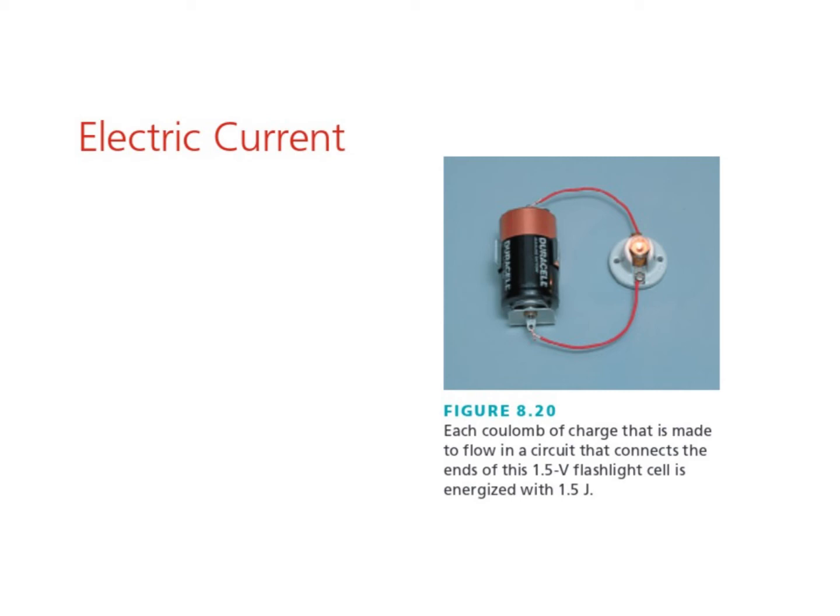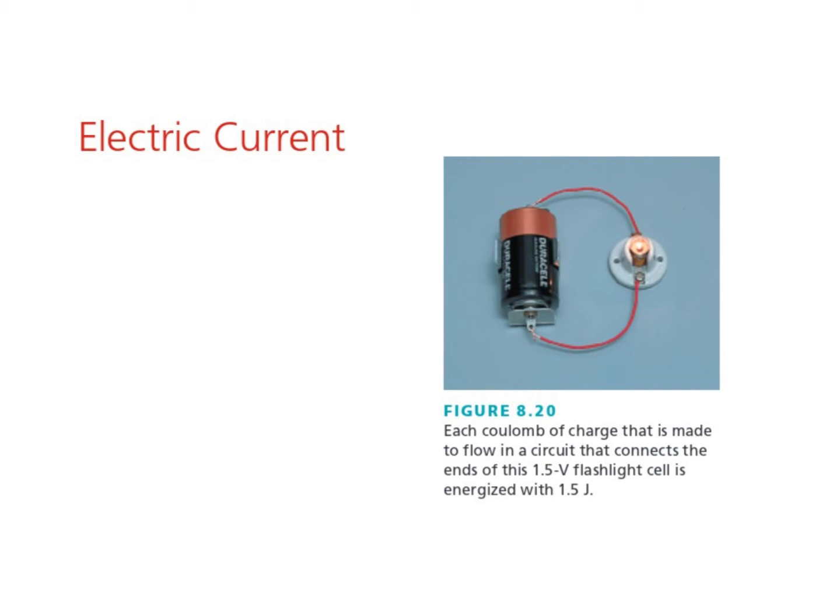Now, when I say that this battery is 1.5 volts, that's the potential difference between the positive terminal and the negative terminal. And we've already seen that potential differences make electric fields. That's going to make electric fields lining up with this wire, and those electric fields are going to start to push charges through the wire.